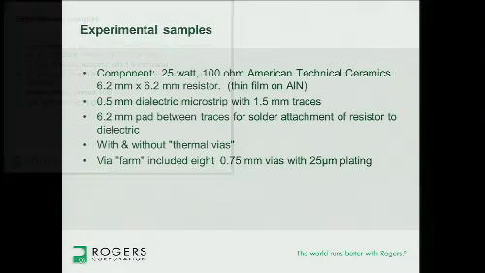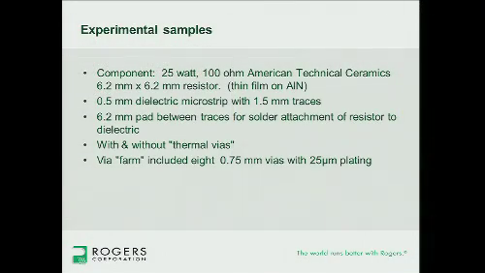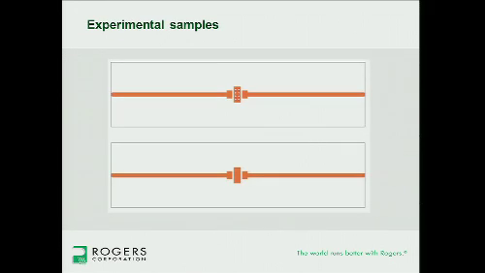So what we did to simulate component heating was to use about a 6.2 millimeter square chip resistor. I think it's better just to jump to the diagram. The chip resistor was soldered to this pad and these lines, and we also had a version that had 8 thermal vias.